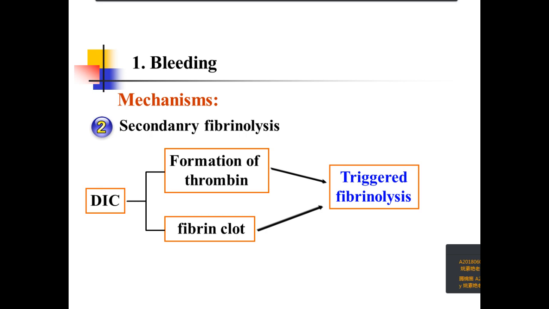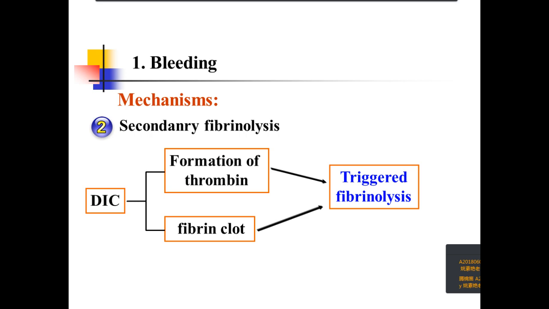Intrinsic coagulation pathway: coagulation factor 12 and factor 2 belong to plasminogen activator. So the coagulation system is activated and produces plasminogen activator.